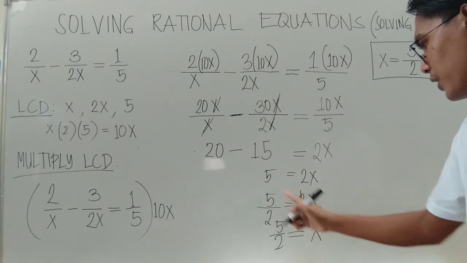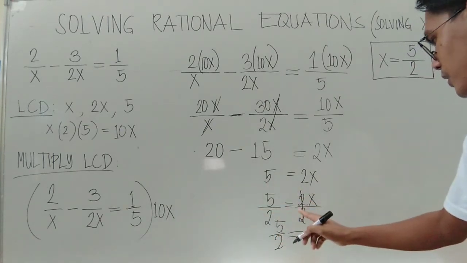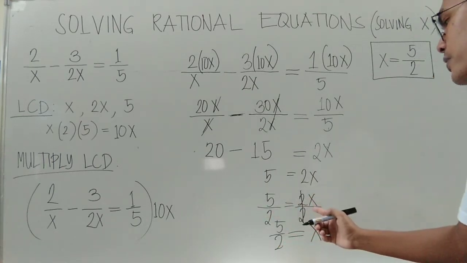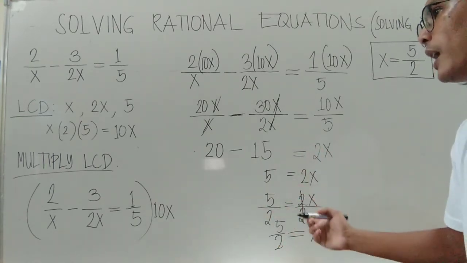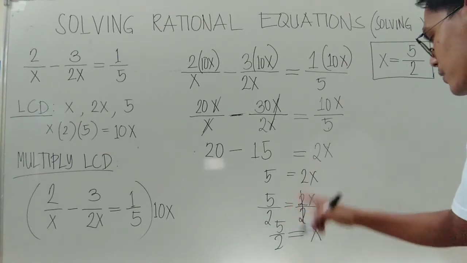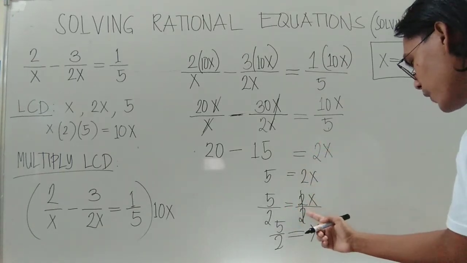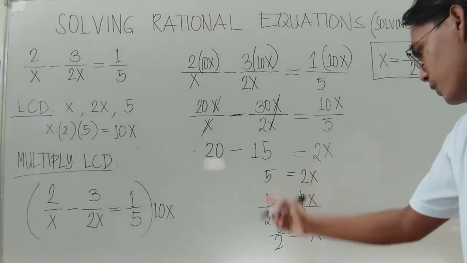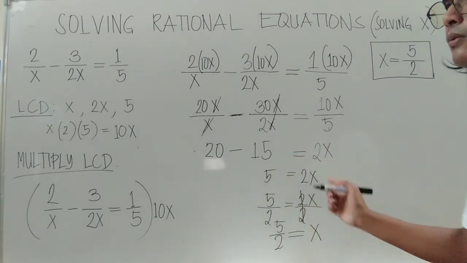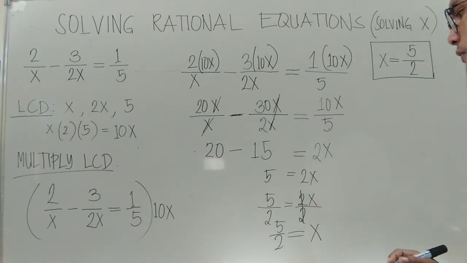In this process, you can see that we divided by 2 on both sides. An equation is a balance, so when we divide by 2 on one side, of course, we divide by 2 on the other side for balance.